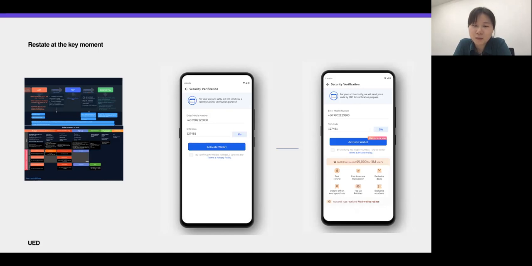At this key moment, we decided to show it to the customer, which actually uplifted our conversion rate. So there are a lot of key moments you could be looking for throughout the path.